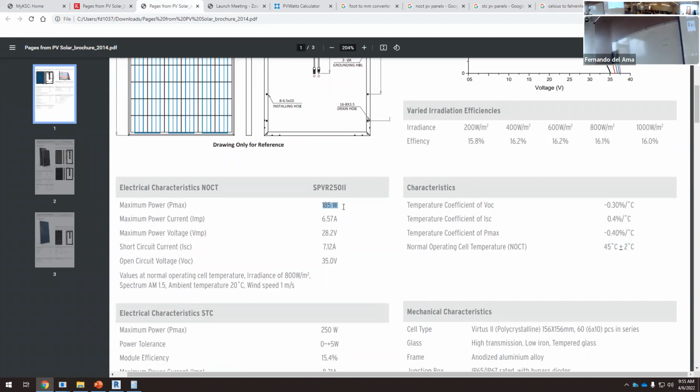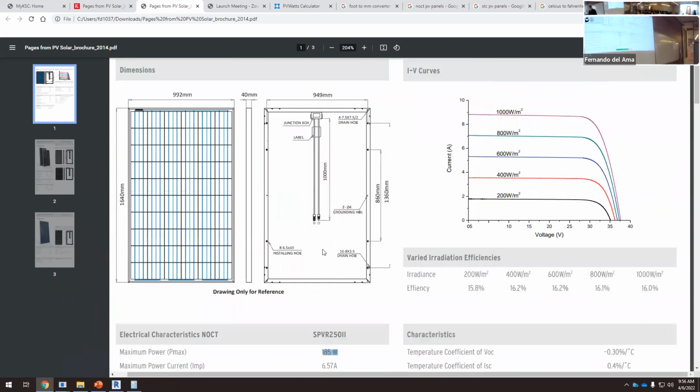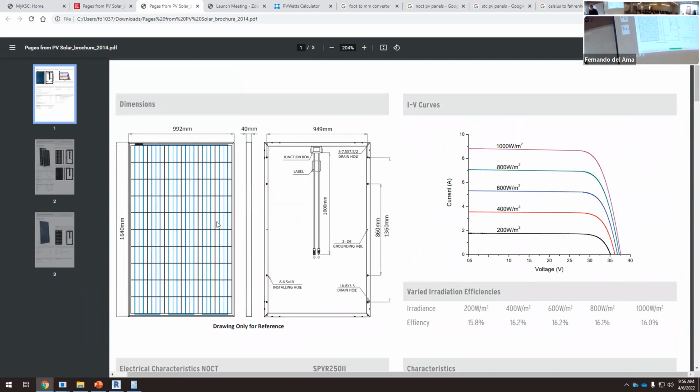So the PV production is 185 watts. For this panel, what is the area of the panel? It is 1640 times 949 millimeters.